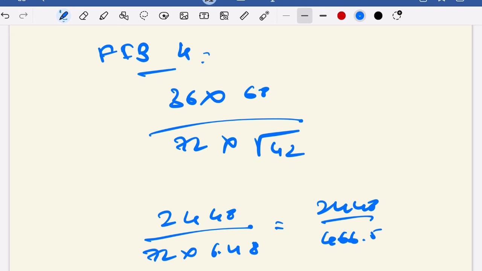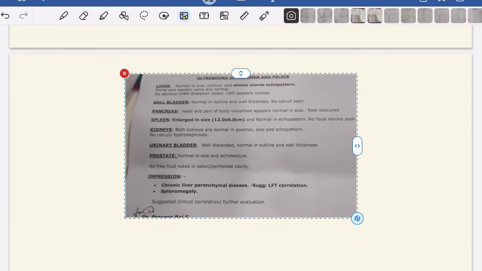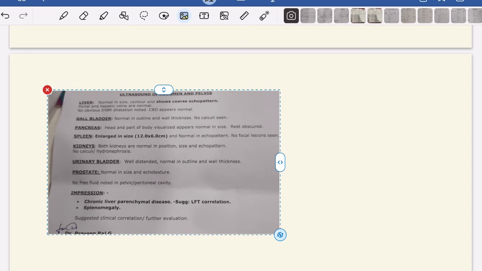So 2448 divided by 466.5 is 5.24, obviously more than 3.25. So there is cirrhosis. This is also telling cirrhosis, and the APRI score is also telling cirrhosis. And if I show you the ultrasound report, that will also show chronic liver parenchymal disease, cirrhosis.